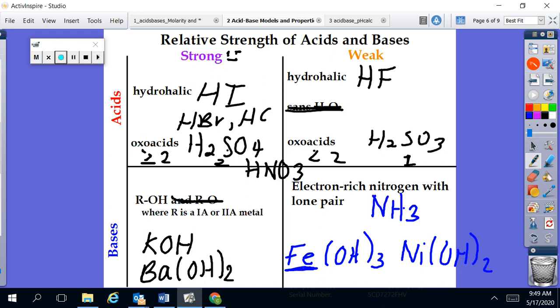So that's just a brief understanding of strengths of acids and bases. And again, just so you know, a strong acid and a strong base is measuring how much of those ions are breaking apart in the water. The weaker ones, not all of them break apart.